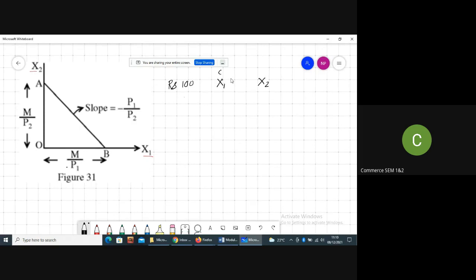Say X1 is, for example, chop, and X2 is, for example, samosa. You need to spend your entire income of 100 rupees by eating different possible amounts of X1 and X2. Say the price of X1 is 10 rupees per unit, and the price of commodity 2 is 5 rupees per unit.